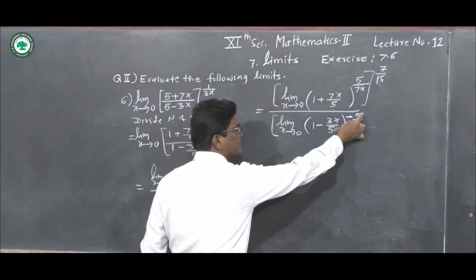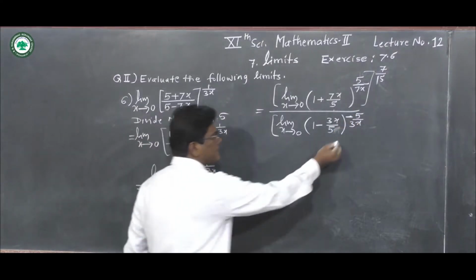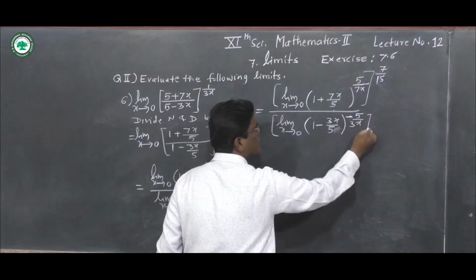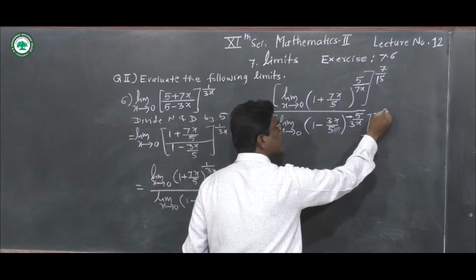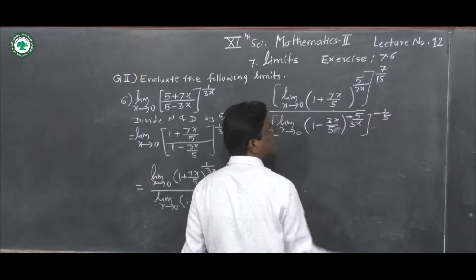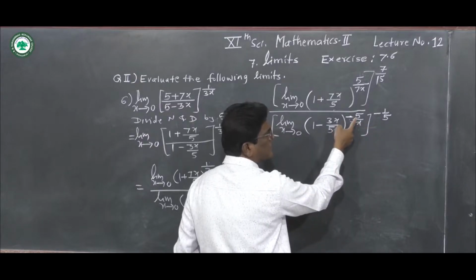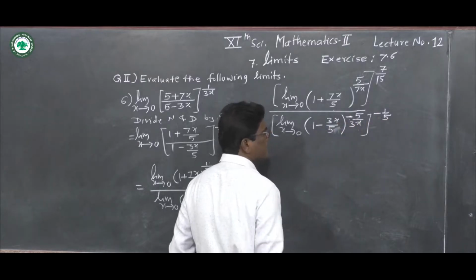Out of this minus 5/(3x), 1/(3x) is present. Only the minus 5 we adjust, and we cancel it by taking minus 1/5 as the power. Minus minus becomes plus.